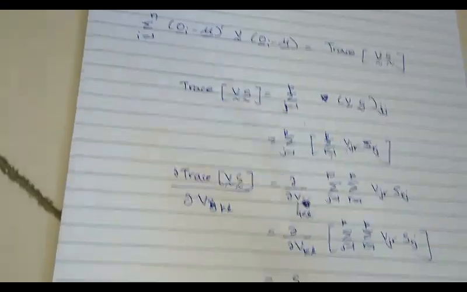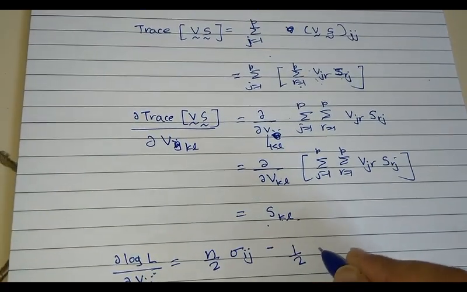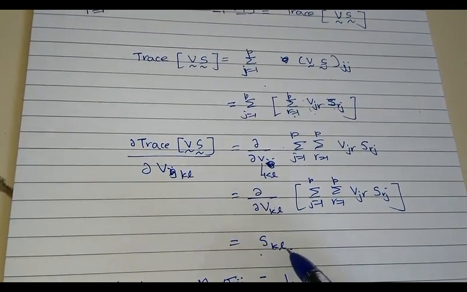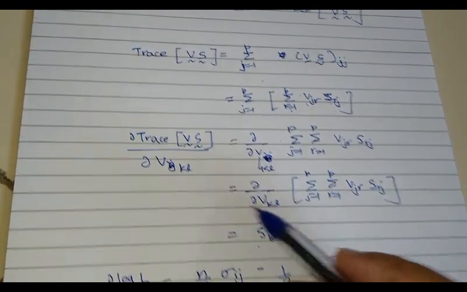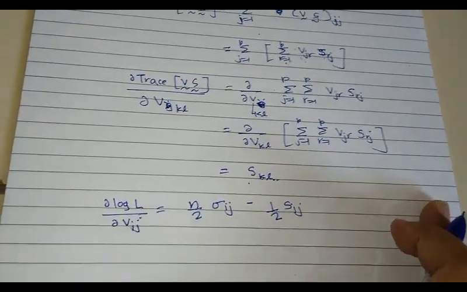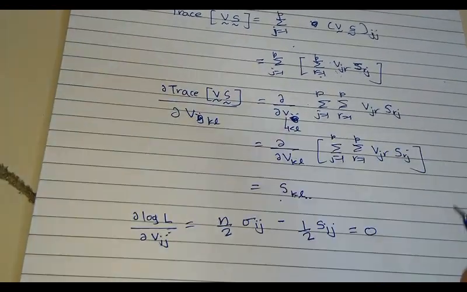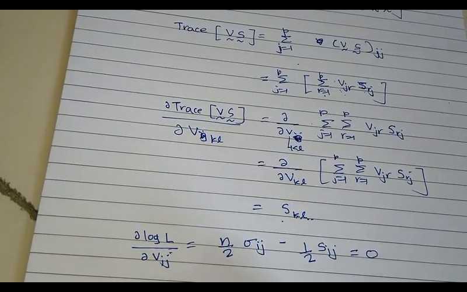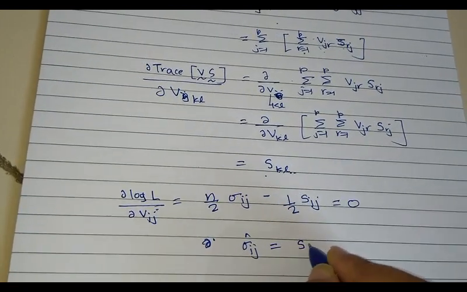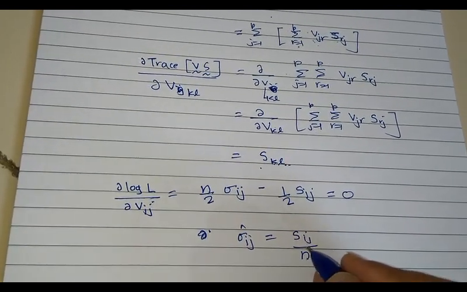From this term I have minus half and the current derivative. If I differentiate with respect to kl, I get S_kl, so when I differentiate with respect to ij, I will get S_ij. Now I have to equate this to 0. So I am left with σ_ij hat as S_ij upon n.